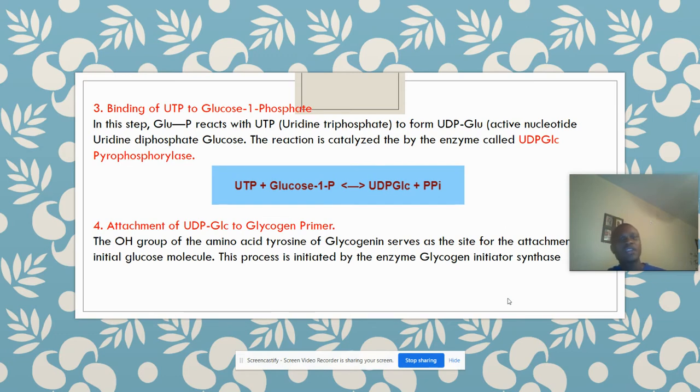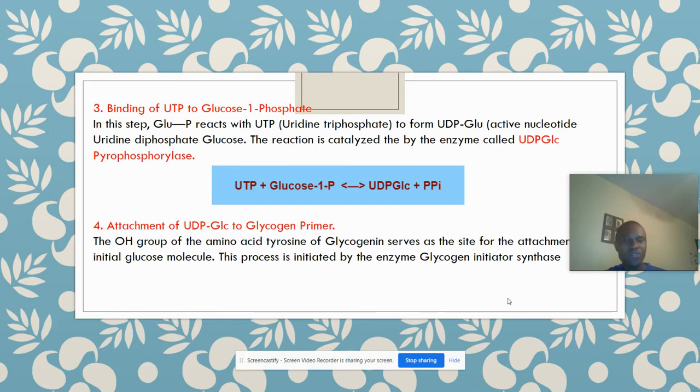The reaction is catalyzed by the enzyme UDP-glucose pyrophosphorylase, abbreviated from uridine diphosphate glucose pyrophosphorylase. So that's the enzyme that catalyzes this binding. We can easily see that each of these steps is unique in the enzyme that catalyzes it.